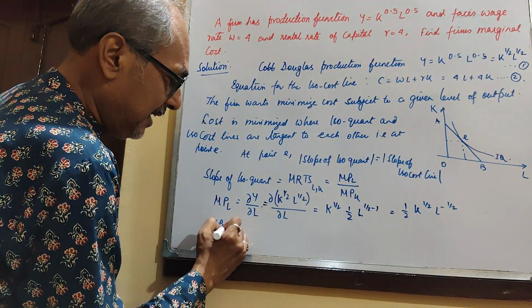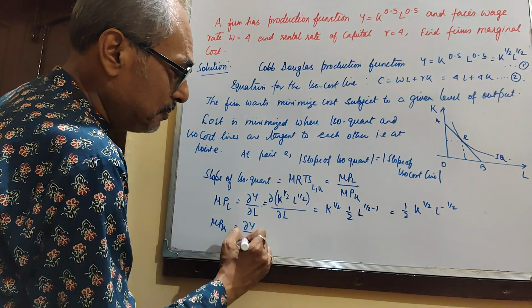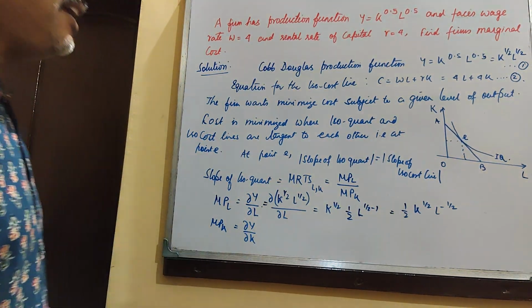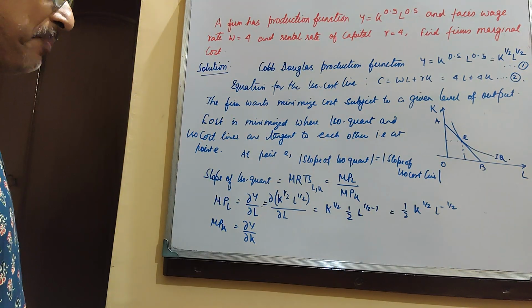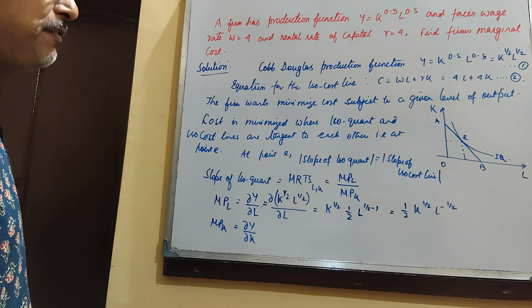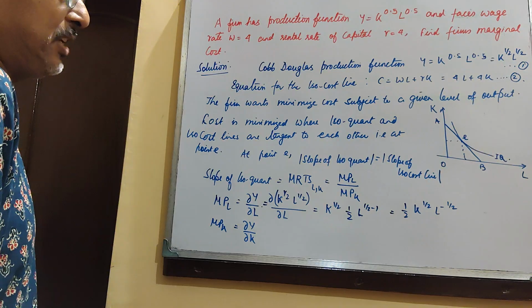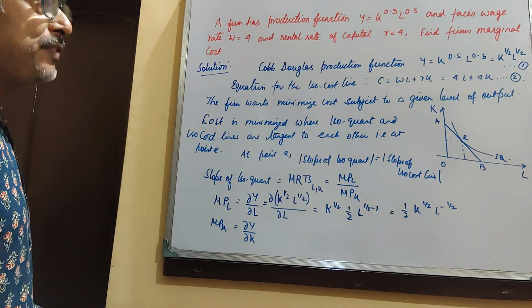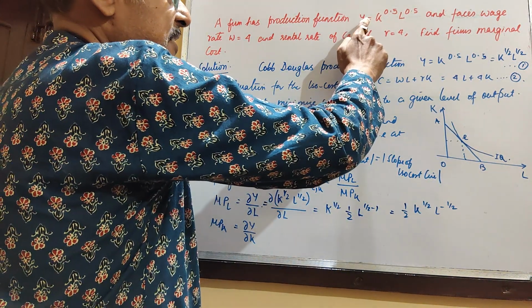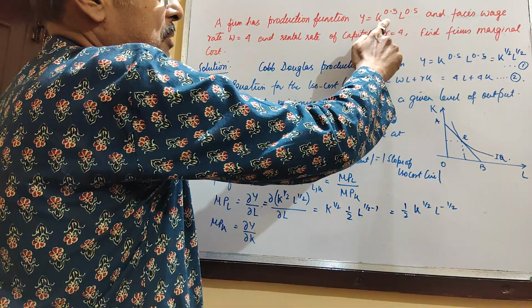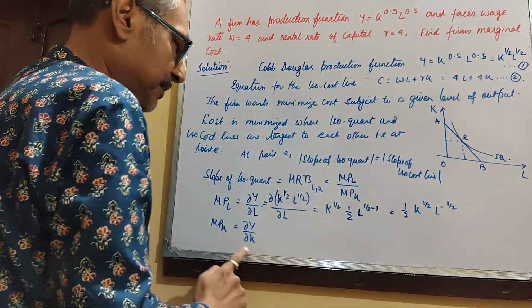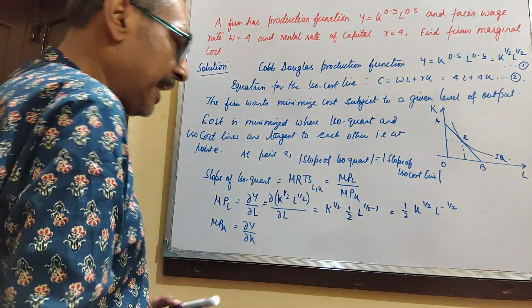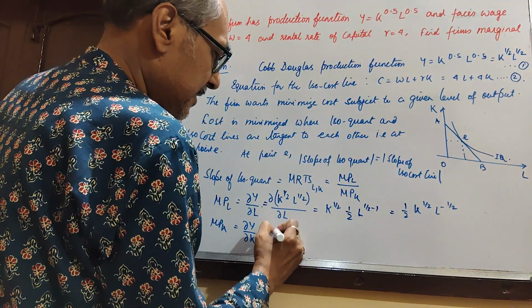Similarly, MPK is del y by del k. MPK is the marginal product of capital. This is the partial derivative of output with respect to capital. That is, we differentiate y equals k to the power half L to the power half with respect to k, keeping L constant.